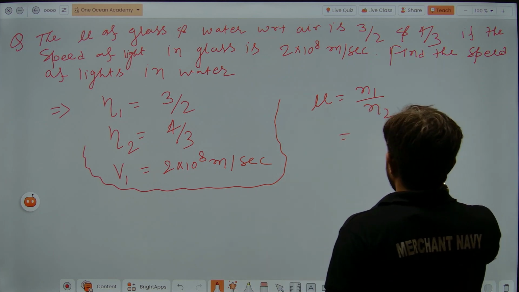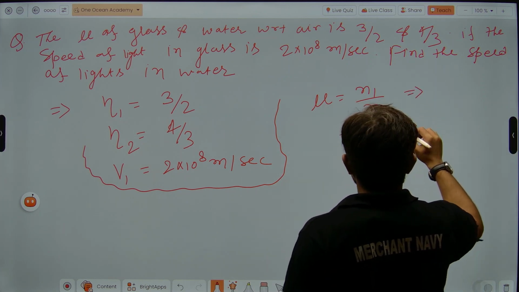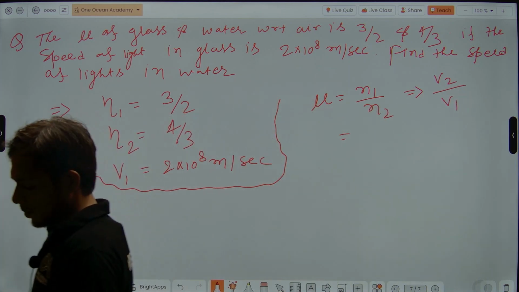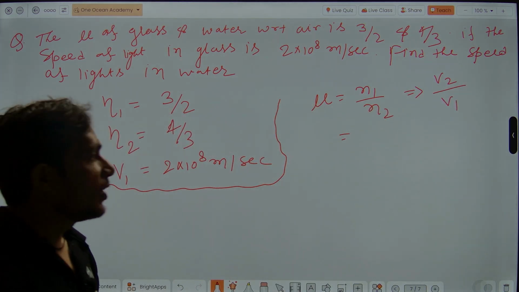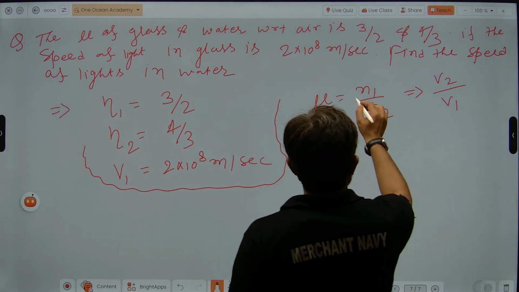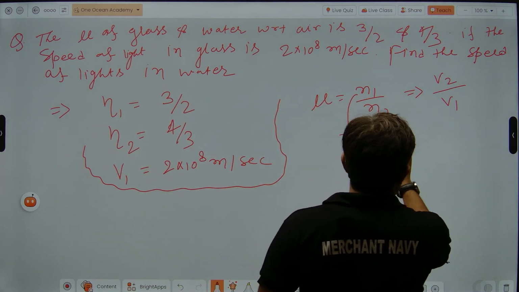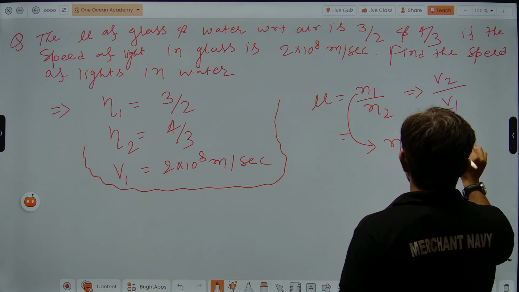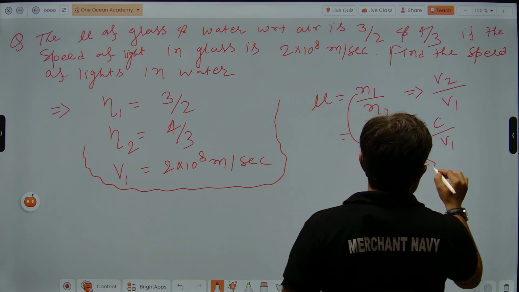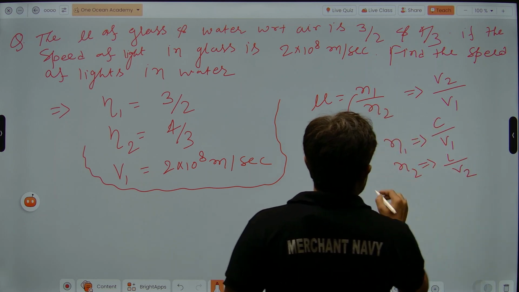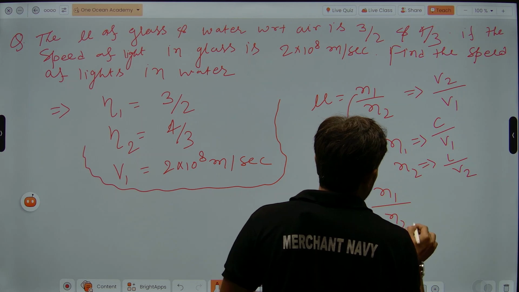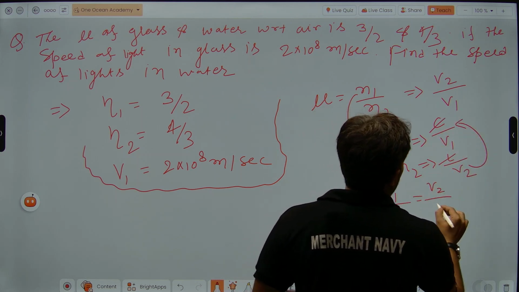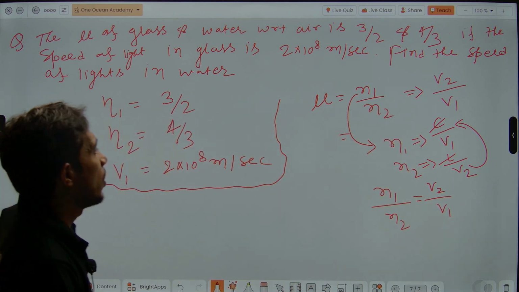So, n1 upon n2 will also give V2 upon V1. How will it come? n1 means speed of light by V1, n2 means speed of light by V2. After dividing, C and C cancel, and we get V2 upon V1. Okay, is that clear?